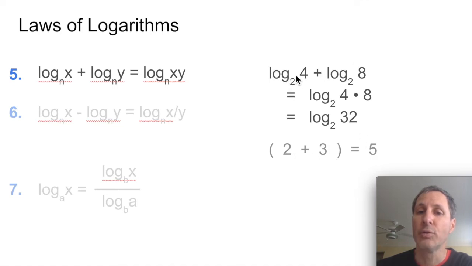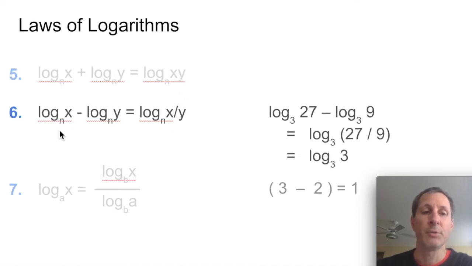In other words, log base 2 of 4 plus log base 2 of 8 is equal to log base 2 of 32, so 2 to the 5th power is equal to 32. I hope that's not too confusing, but yes, you can multiply those two results together if you have the same base. It's a pretty cool law.